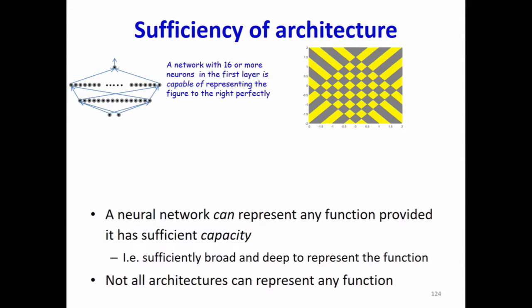What do I mean by capacity over here? So let's continue assuming that my activation function is a threshold. What are the kinds of decision boundaries it can produce? It can actually produce step functions, right? Each perceptron can produce a step function, which is a 0 on one side of a hyperplane and a 1 on the other side of the hyperplane.